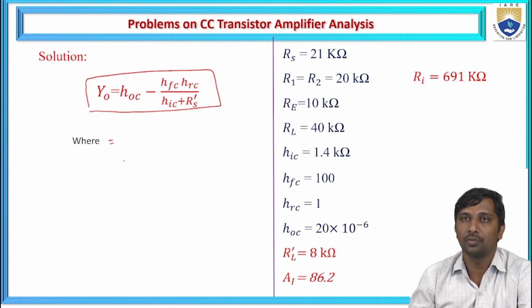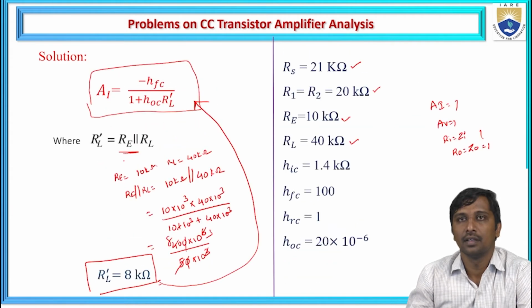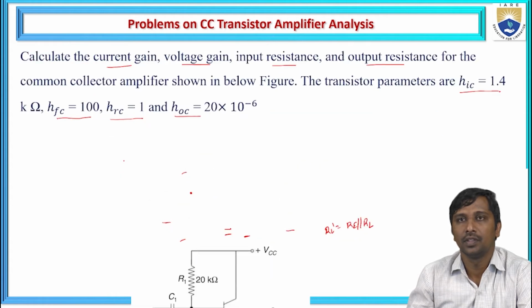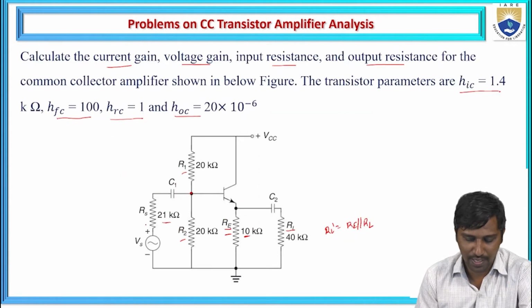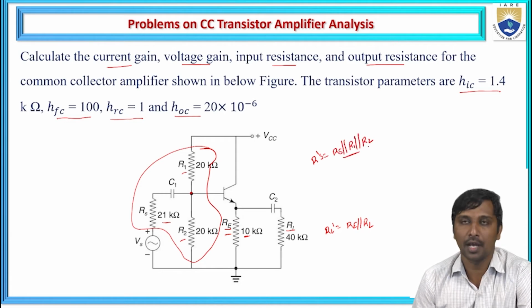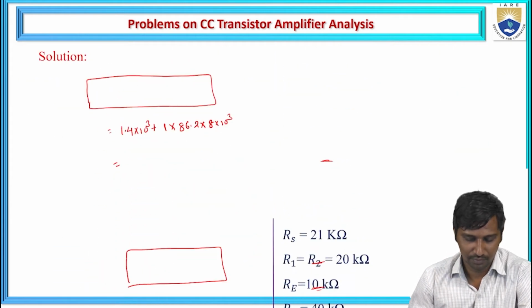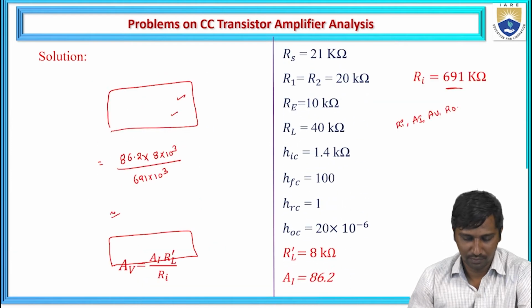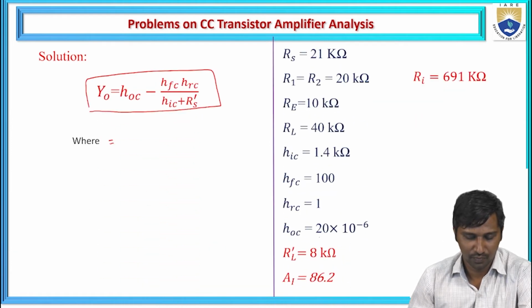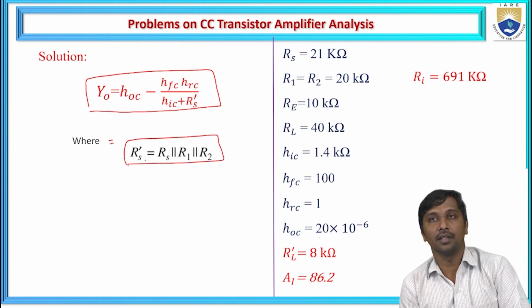From the given circuit diagram, based on all these parameters, we need to calculate R'S. R'S is represented as the parallel combination of RS, R1 and R2.